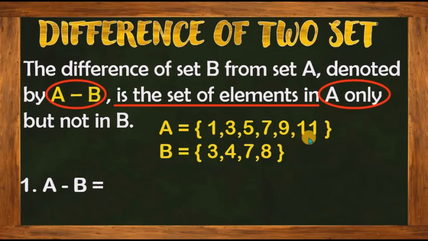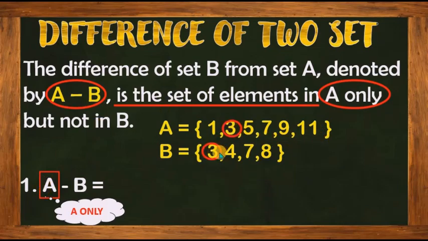So, let's have an example for you to understand. I have here an example of two sets, set A and set B. If I'm going to get the difference of these two sets, A minus B, the first thing that we need to do is look for the common elements. Why? Because what we need are the elements that can be found in A only, because this is the first set. So, let's remove the common ones. They both have 3, they both have 7.